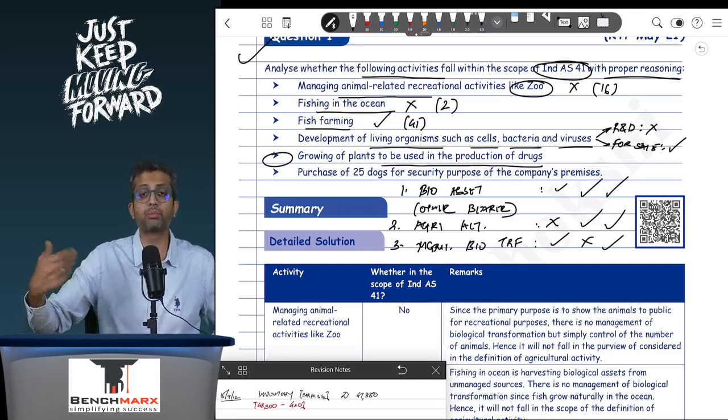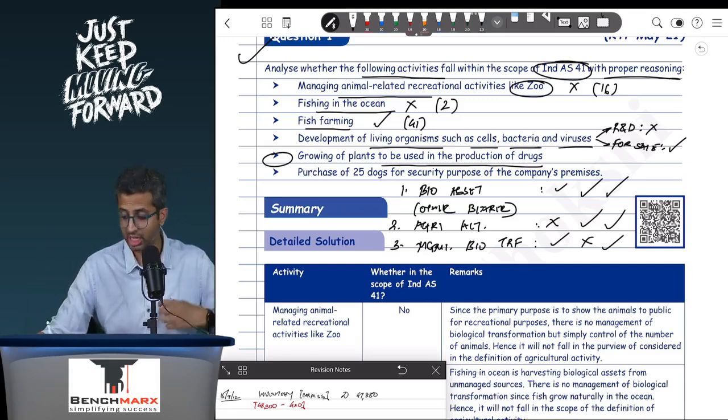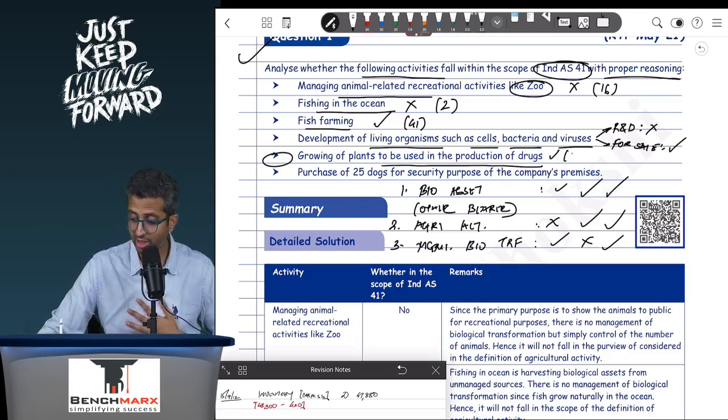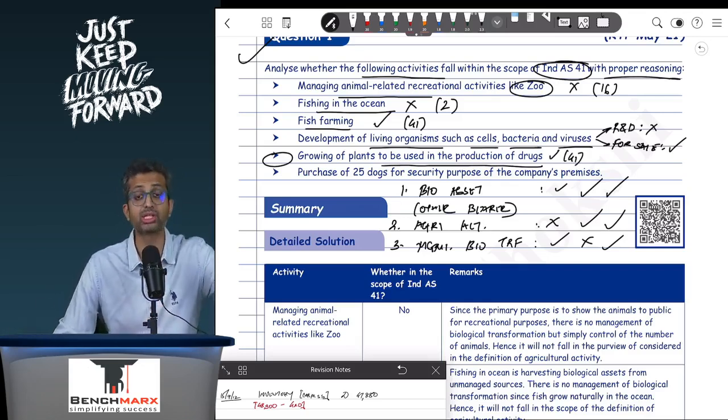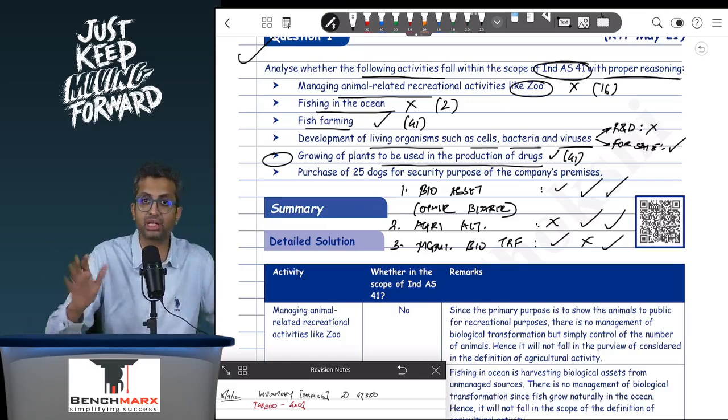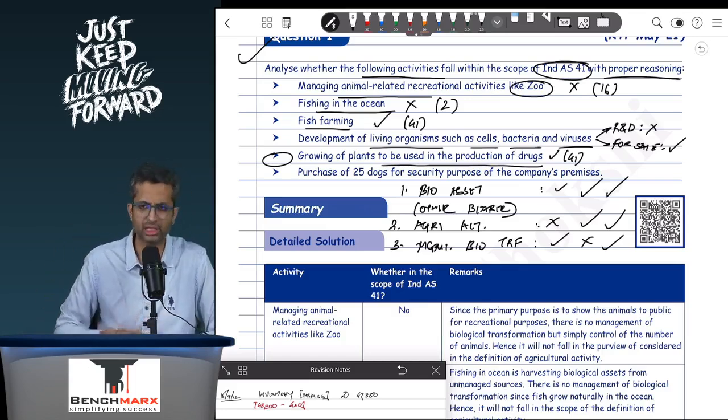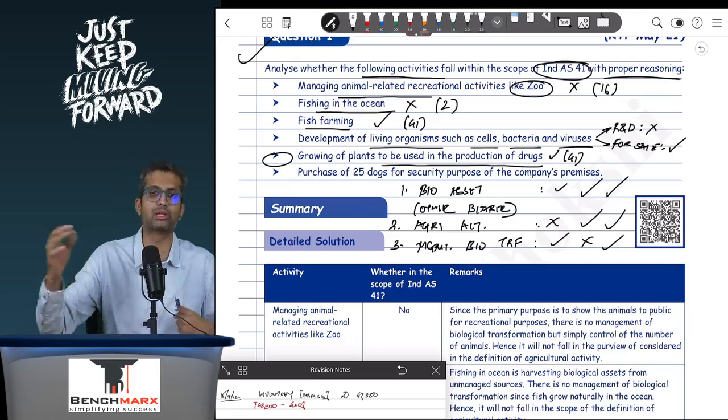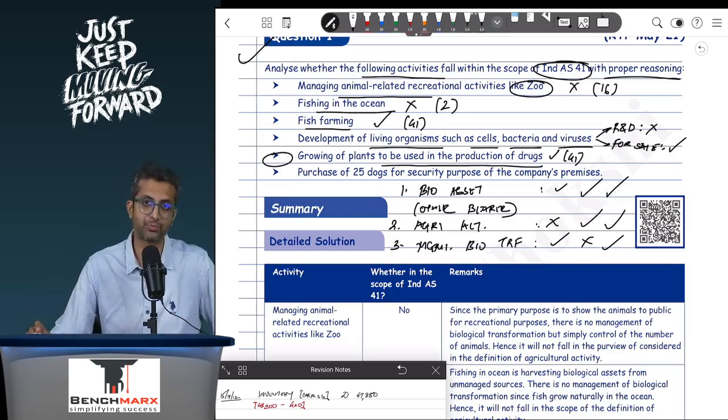This is for the purpose of agricultural produce, and hence the Institute over here has covered this under Ind AS 41. My opinion over here is, if the life is assumed to be beyond 12 months and it is a bearer plant, then it can also go to Ind AS 16. We are not experts in drug making, or in the ingredients, so we can give a conditional answer, though the Institute's answer over here is Ind AS 41.